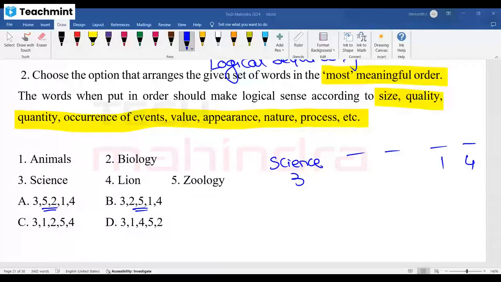First, which should come? Geology is a part of biology, right? So first biology, then geology. So 2, then 5. Option 1.